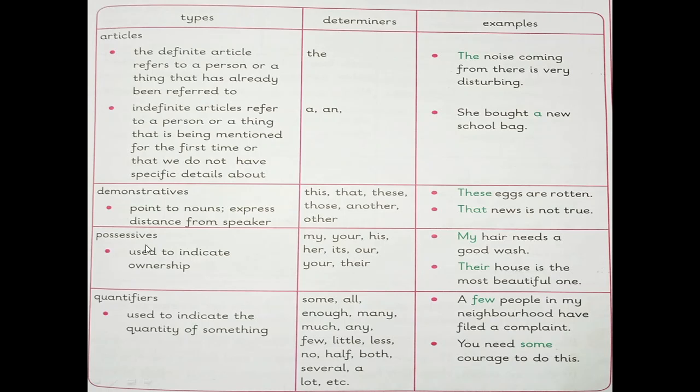Now, studying the next one, which is the possessive kind of determiner, students. Now, what do you mean by possessive? As the word is clear, it emerges from the word possession, which means ownership, who owns a particular thing. So possessive determiners are used to indicate ownership.